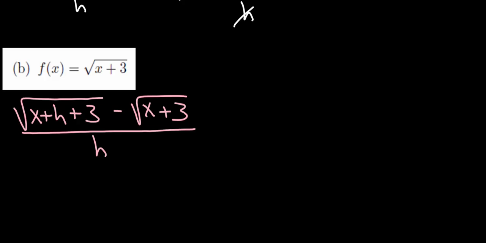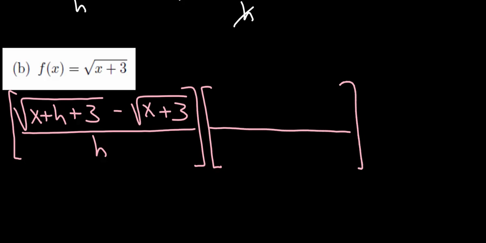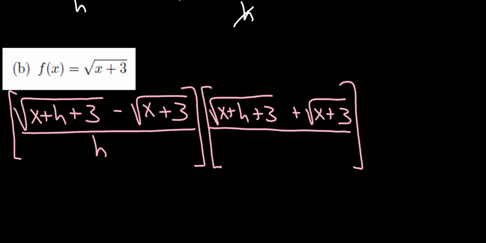Now, the trick, with the other one, all we did was multiply out. Terms canceled. Here we've got a trick. With this one, the trick is we multiply by the conjugate on the top and the bottom.